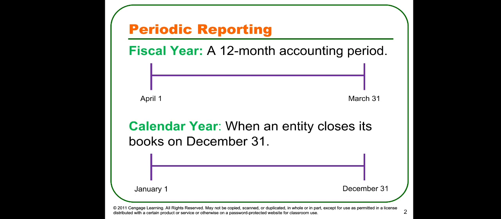So in topic 3 and 4, you will learn about step 5, step 6, step 7 and step 8 in the accounting cycle. Now the next thing is to learn about step 5 in the accounting cycle, which is doing the adjusting entries.